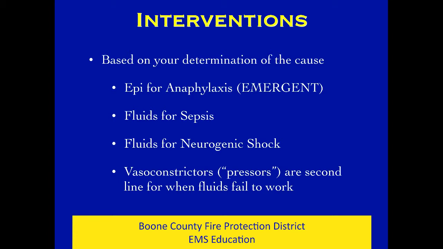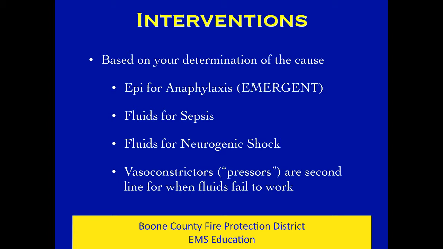Now, it is also true that the epi also works on some of the symptoms. Yes, epi in anaphylaxis also causes some vasoconstriction. It also dilates some bronchioles. So we get some side benefit. We get some additional benefit, but the reason we give the epi in anaphylaxis is to stop the chain reaction.